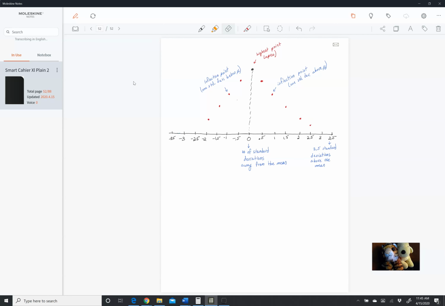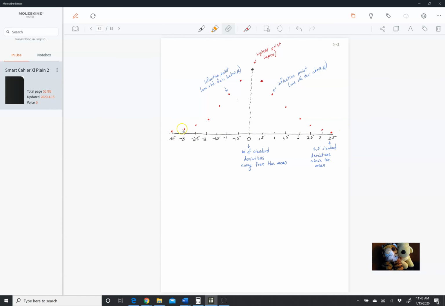Notice it's getting lower and lower. Then you have 3 getting closer and closer. And then you have 3.5 standard deviations. And notice at this point we're very, very close to the x-axis, to this bottom axis.